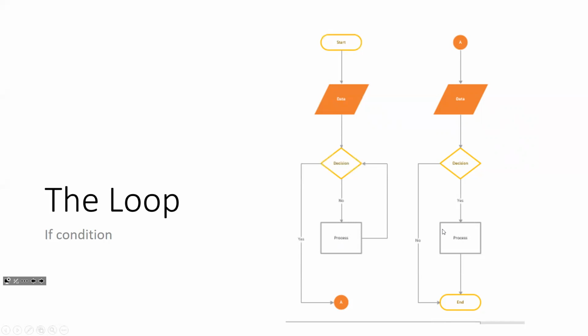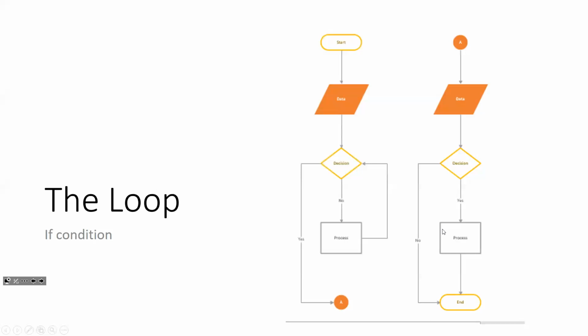We say, is that decision true now? If not, do that process some more, and then check that decision again. Is it true now? If not, continue processing. So we're going to keep doing that process over and over and over until our decision finally results in a true or a yes.